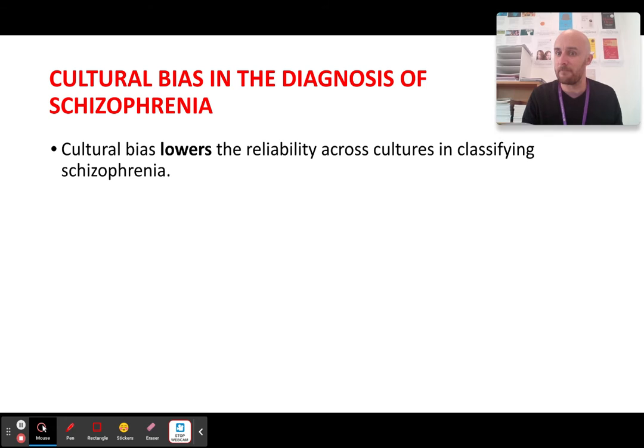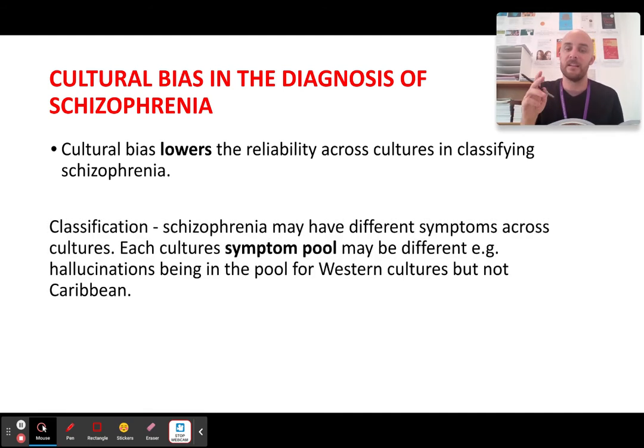The idea of the DSM is to actually standardize and improve the reliability of mental health across the world. But the problem is each culture has different symptoms for different disorders, known as the symptom pool.